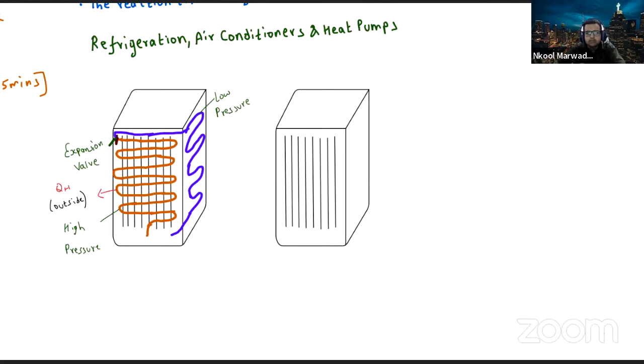And this blue pipe is there inside the fridge. What is its purpose? To suck heat from inside the fridge. And when I suck heat from inside, the fridge will become cool, and that is what I want.